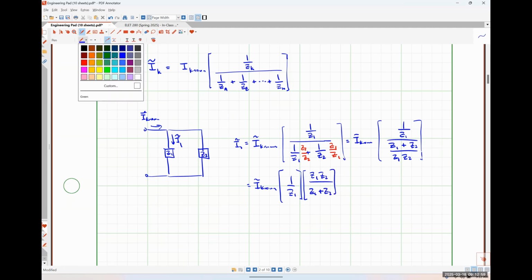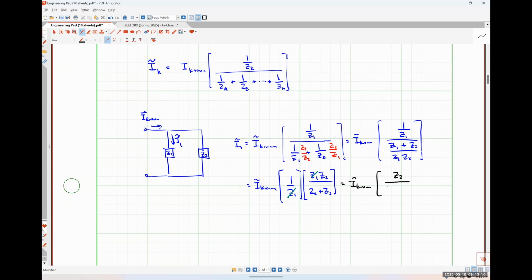And then my Z1 cancels this Z1 here, and I'm just left with I known times Z2 over Z1 plus Z2. So you get the exact same result as how you guys learned it. But the thing that I just showed you works for any number of parallel connections.